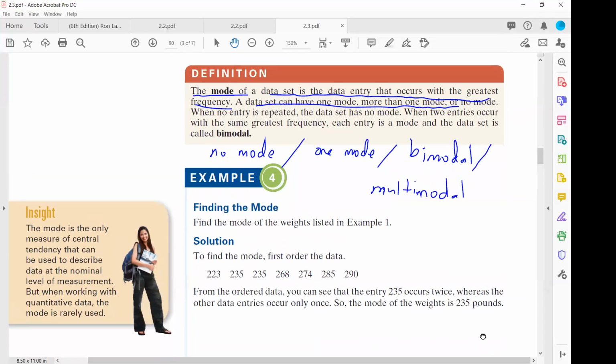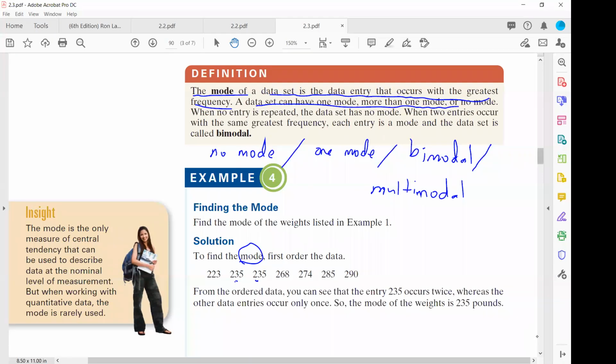Let us get back to the previous example. Here you have 1, 2, 3, 4, 5, 6, 7 data. They found the mean, they found the median. Now our goal is to find the mode, or the data entry with the highest frequency. 223 is repeated once. 235 is repeated twice. 268 is repeated once, 278 once, 285 once, 290 once.